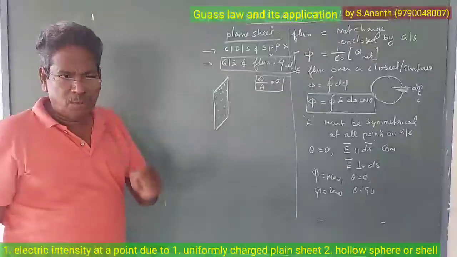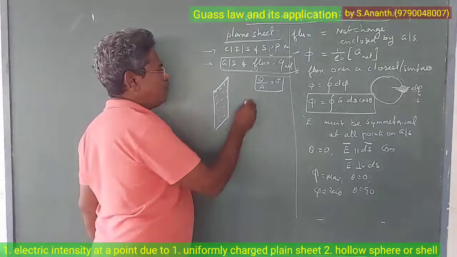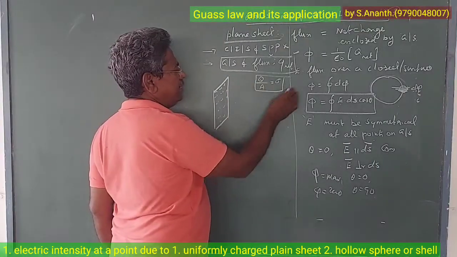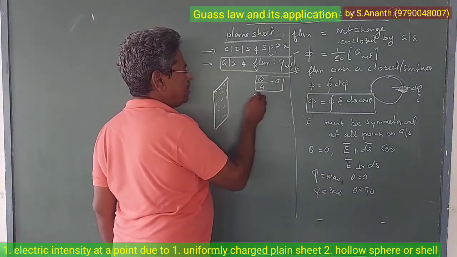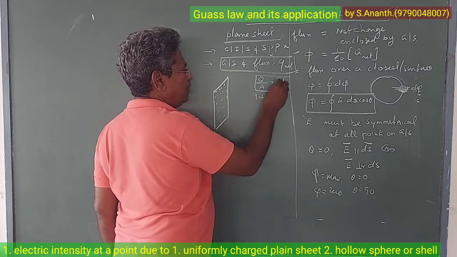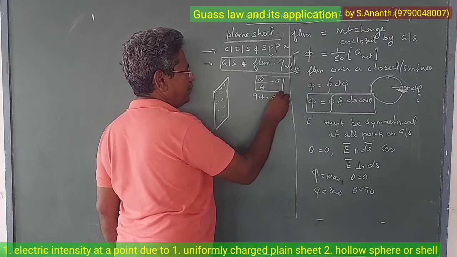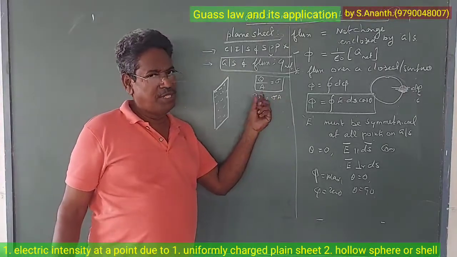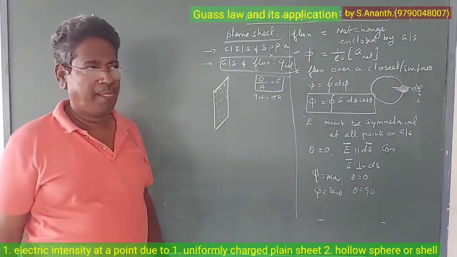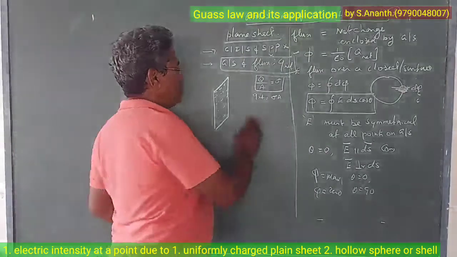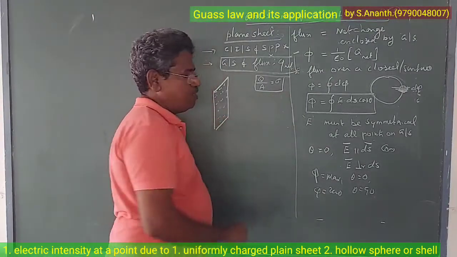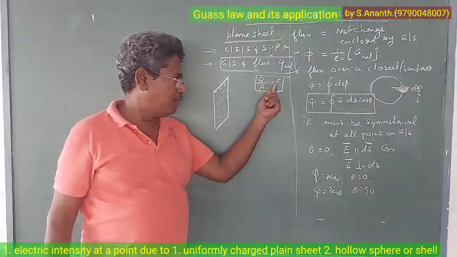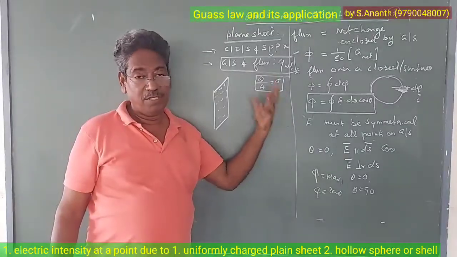For a small area ds, the net charge Q net equals sigma into A. In the small area, this Q net can be considered as a point charge. So wherever you have a uniformly charged distribution, the physical quantity we have introduced is sigma, charge per unit area.